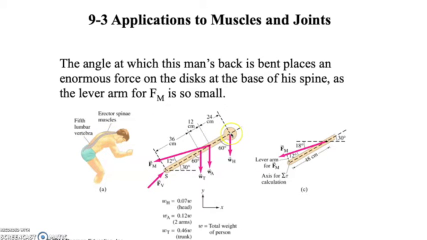And you have the vertebrae, and you got the distances along which. And you can see the different weight, the weight of the head, then the weight of the arm, and then you got T, you got the weight here, right? And then you get weight of the total person, and it's all kinds of information that's provided, but it's all a percentage of the total weight of the person.